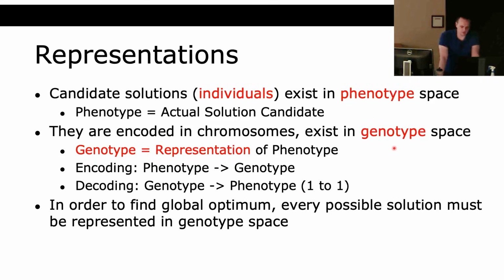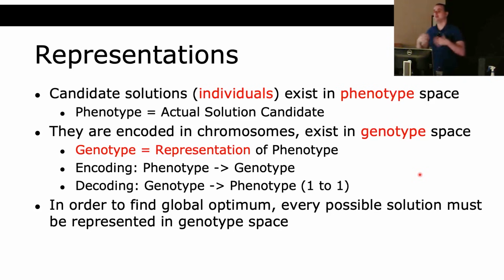In order to find the global optimum, every possible solution must be able to be represented in the genotype space. What does this mean? Well, let's say, for example, we're trying to do Sudoku, but we don't allow any 9s to be in the genotype. Could we possibly find the best answer? No, because we can't represent every possible Sudoku board, right?